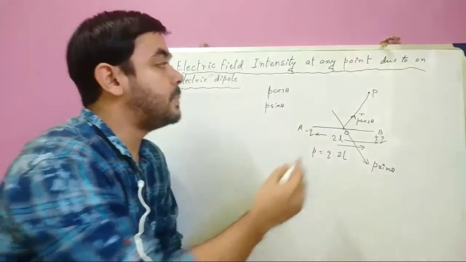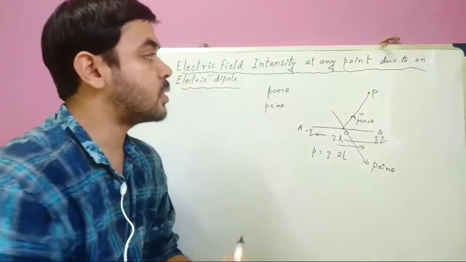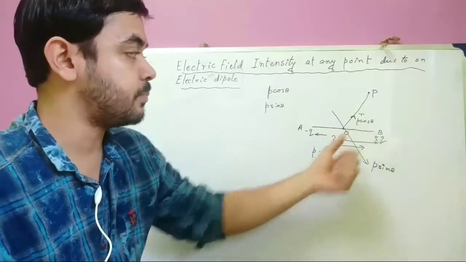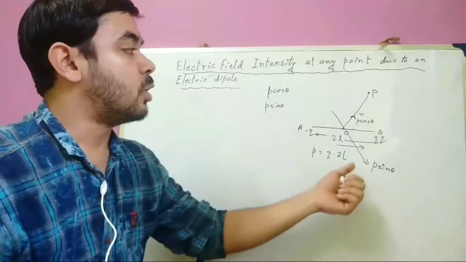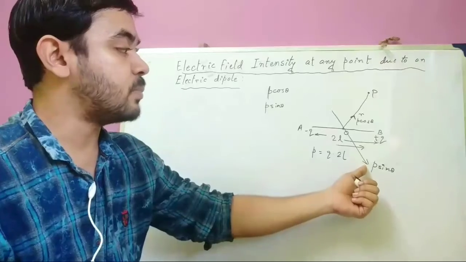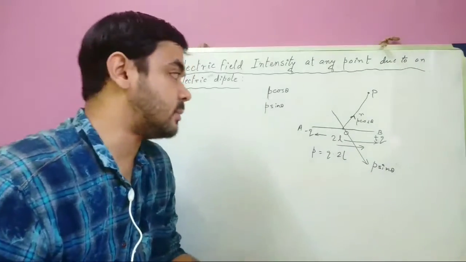I repeat, P is such a point which is on the axis of a dipole whose dipole moment is P cos theta, and at a point on the perpendicular bisector of the dipole moment P sin theta.